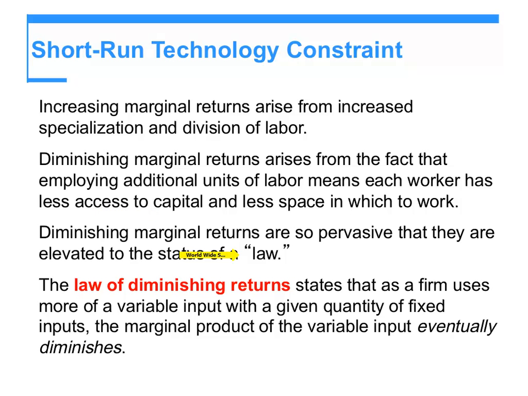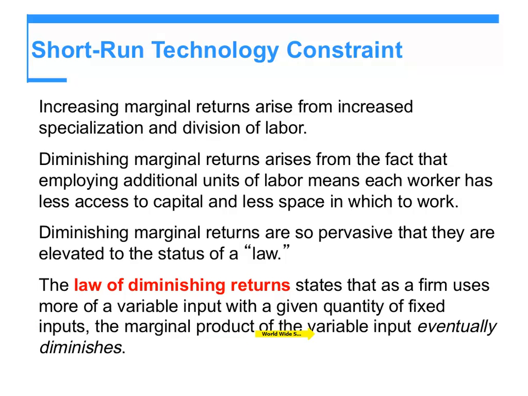Diminishing marginal returns are so pervasive that they are elevated to the status of a law. The law of diminishing returns states that as a firm uses more of a variable input with a given quantity of fixed input, the marginal product of the variable input eventually diminishes. So this is the law of diminishing returns. As you can see one more time, as a firm uses more of a variable input with a given quantity of fixed input, the marginal product of the variable input eventually diminishes.